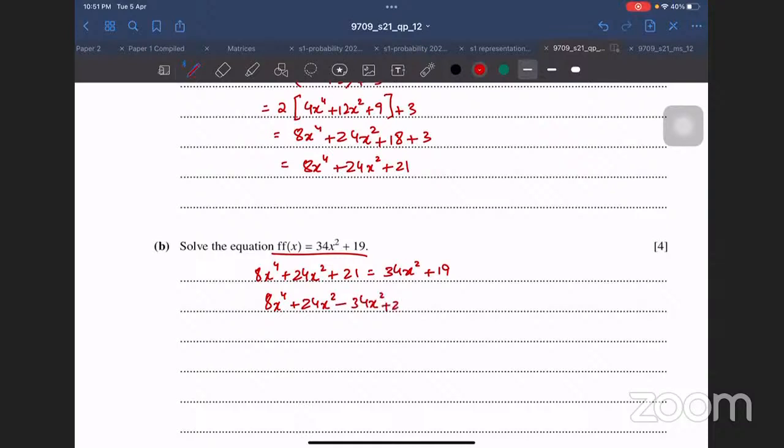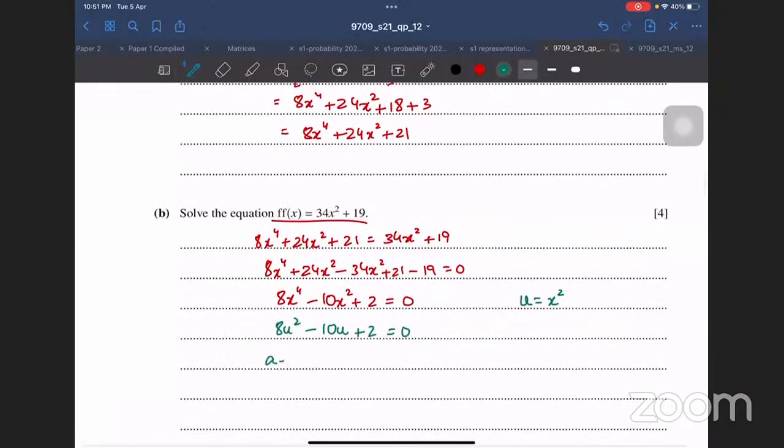Disguised quadratic में क्या करना पड़ता है, एक substitution लेनी पड़ती है ताकि एक quadratic बन जाए. So substitution में क्या लूंगा, मैं कहूंगा कि u equals to x square. So ये बन जाएगा 10u और ये बन जाएगा 8u square.